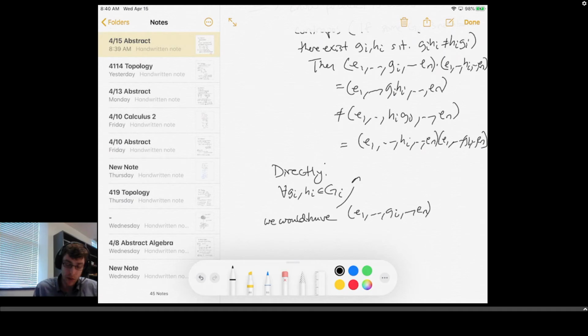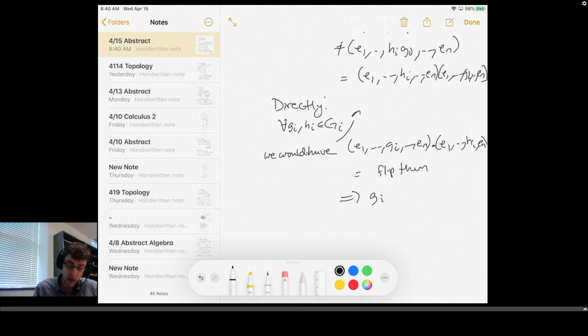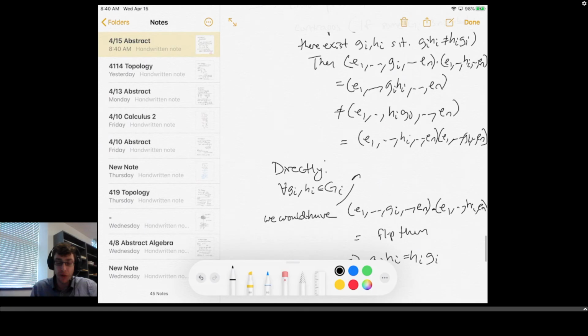The order wouldn't matter. Equals, flip them, if the whole group was abelian, which would then imply that g_i h_i equals h_i g_i. And since they were arbitrary in an arbitrary coordinate, you'd be good.